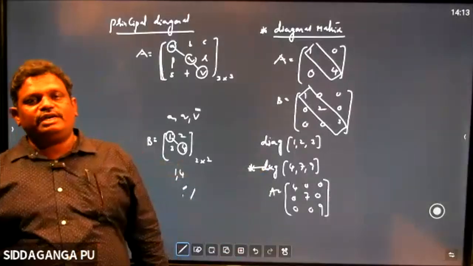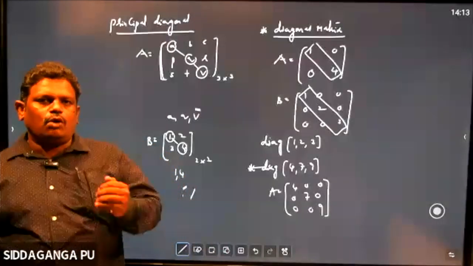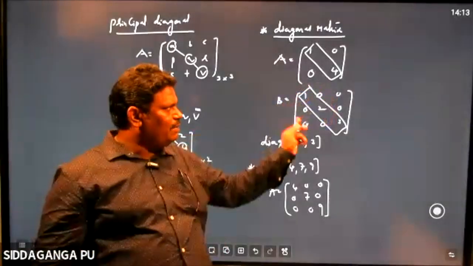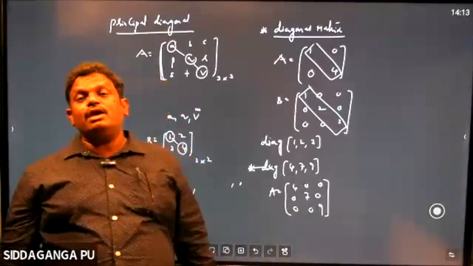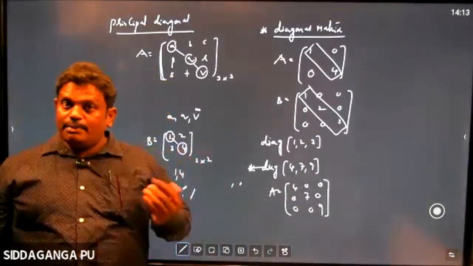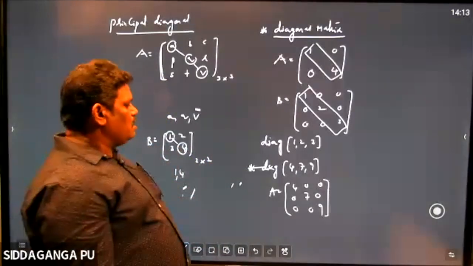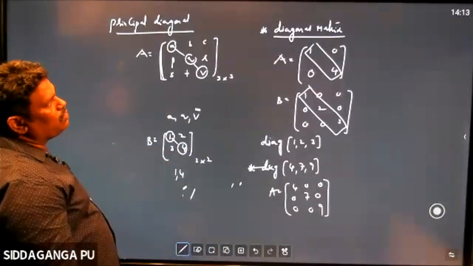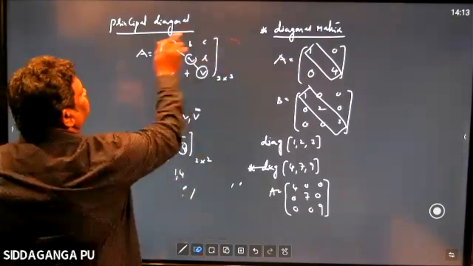But in other competitive exams we can use another definition. Outside the principal diagonal all elements are zeros, and the elements in the principal diagonal may or may not be zero. That matrix is also called a diagonal matrix.